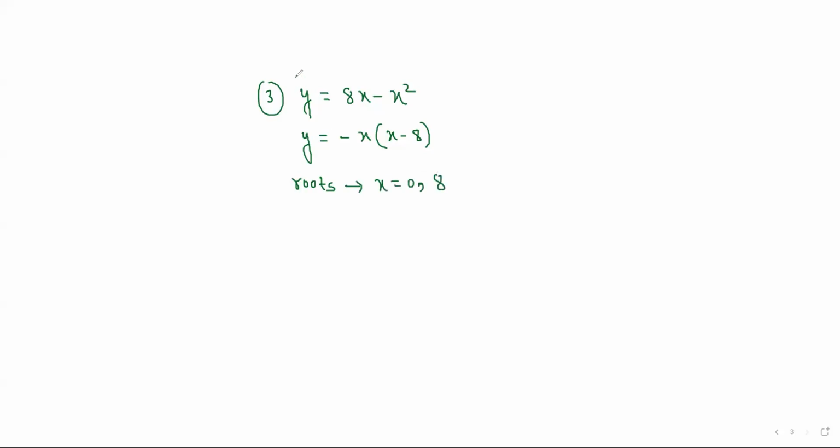This is the x-axis here. The graph is passing through the origin.